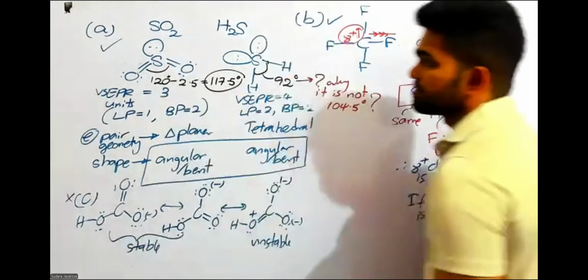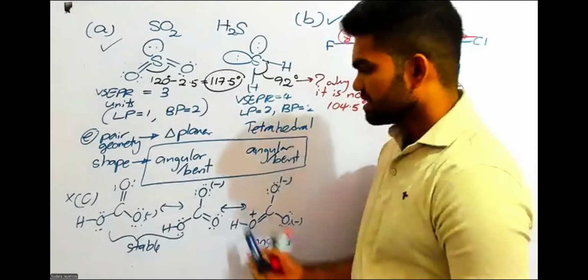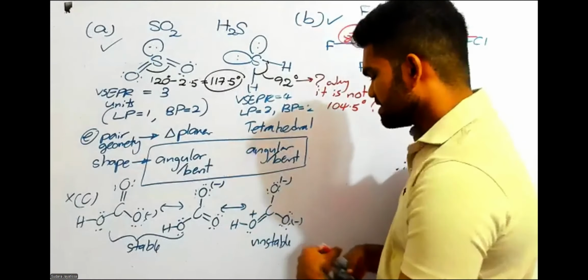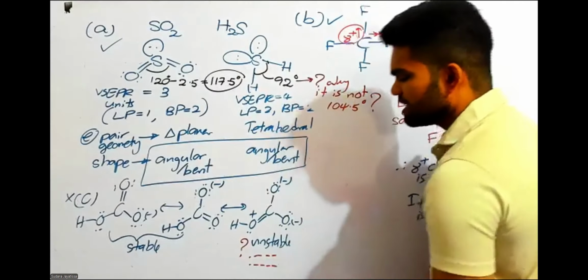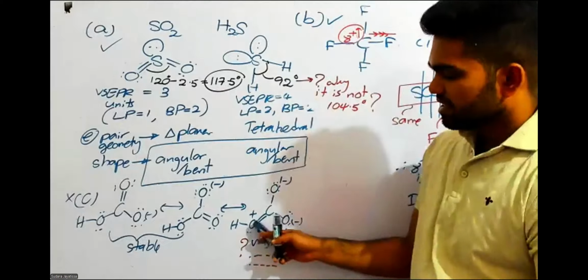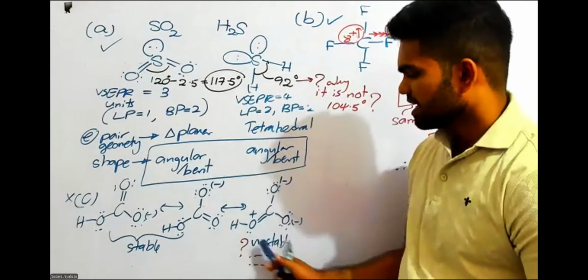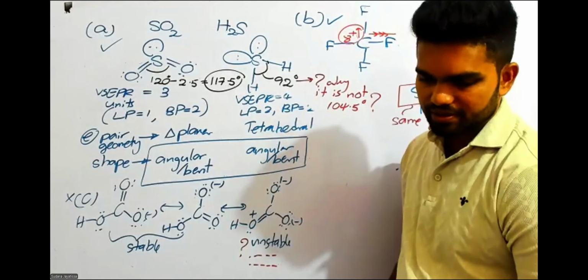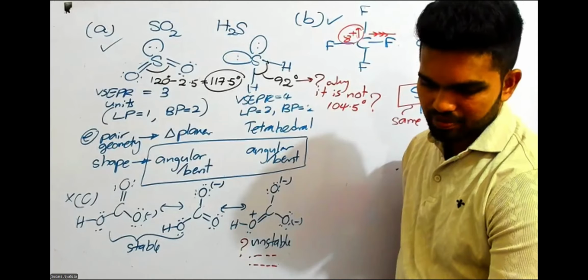So C is wrong. Understood? Just draw the three resonance structures and say why this is unstable. You need to write that too. Give the reasons. There are two reasons. First one is having positive charge on oxygen. And the second one is higher charge separation.